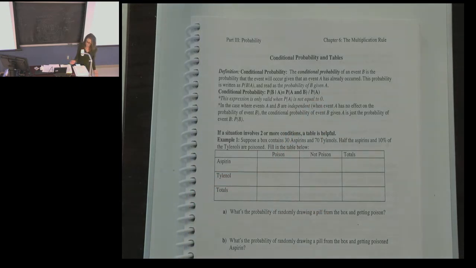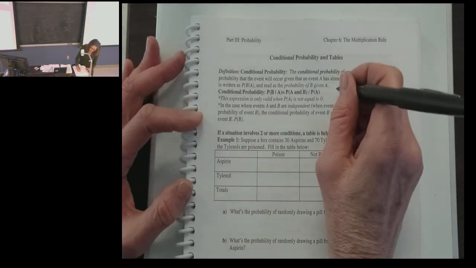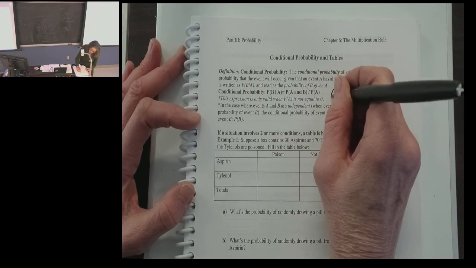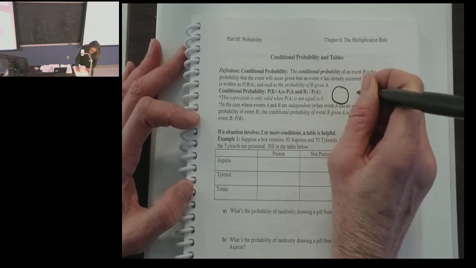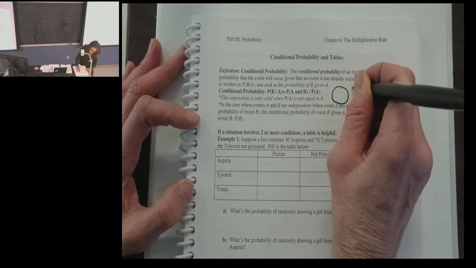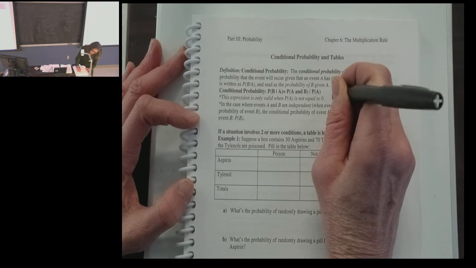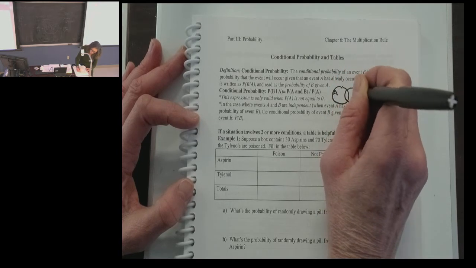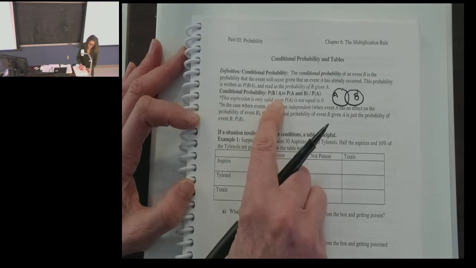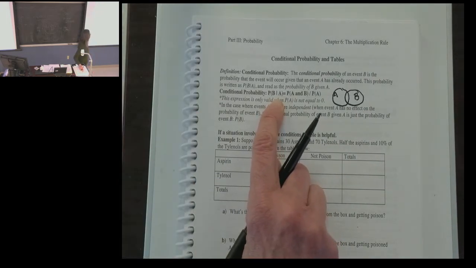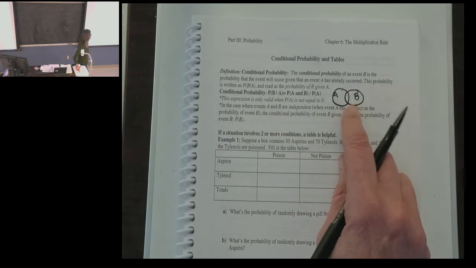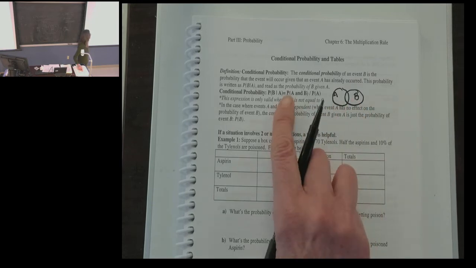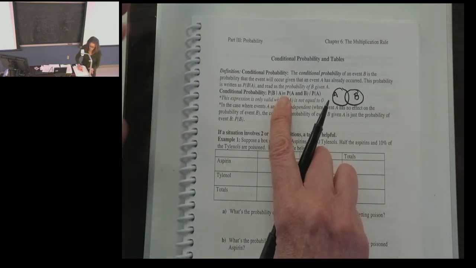So the picture for this would be what? Let's say you have event A and you have event B. This is saying, what's the probability of B, given that A has already happened?